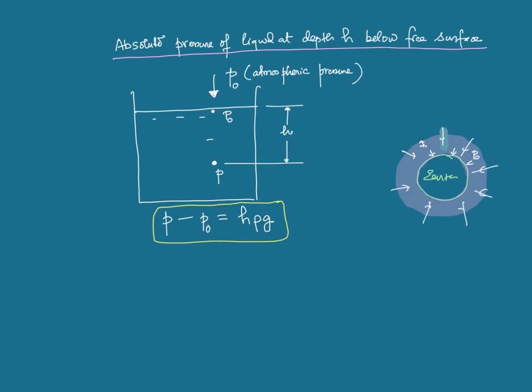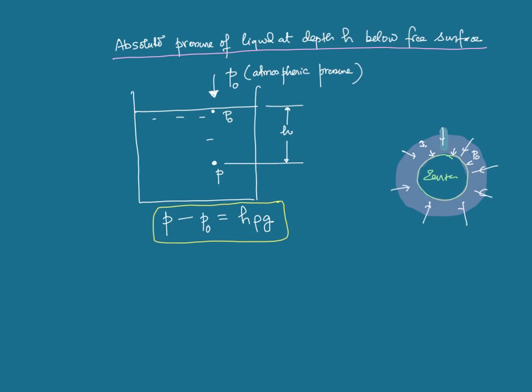I mean, just on the free surface. The surface is something which separates the liquid from the atmospheric layer or air outside, and that will exert P naught.